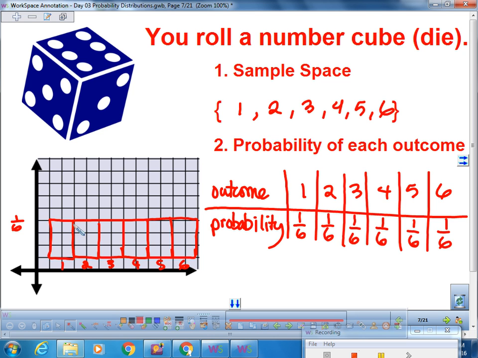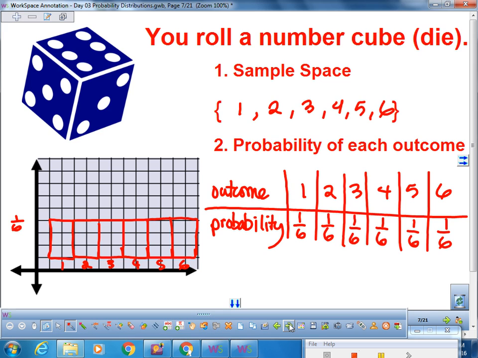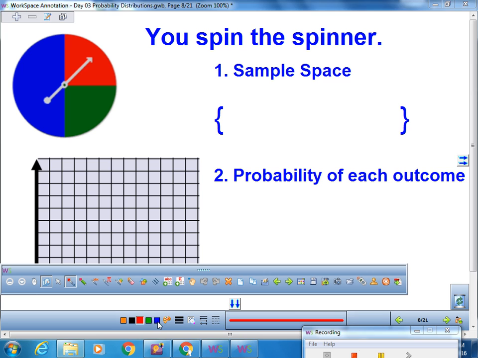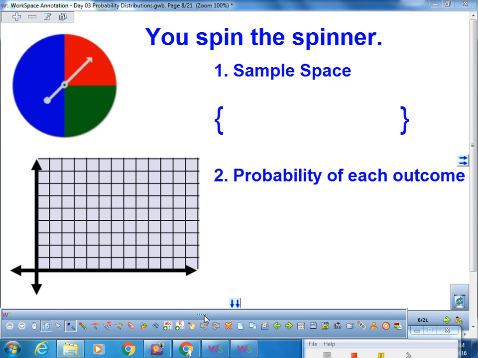Let's turn around. Turn your chair. All right. I want to give you guys 2 minutes to try this one on your own. Try to come up with a sample space, and then what you can call my relative frequency table is going to have 2 different things.